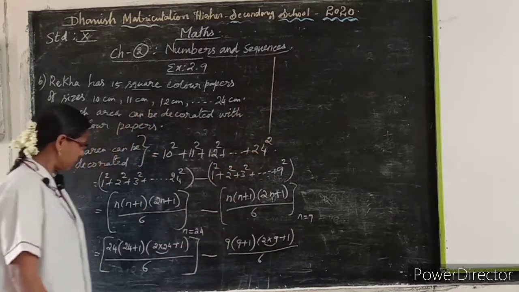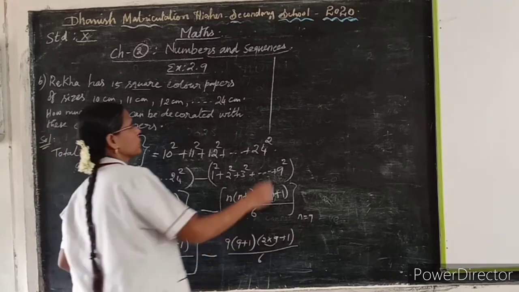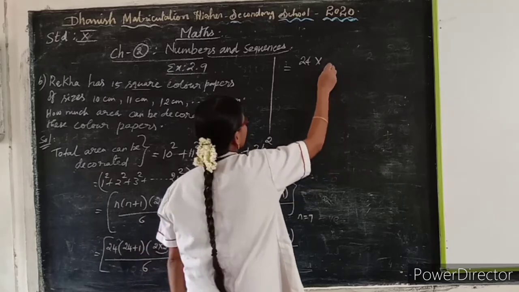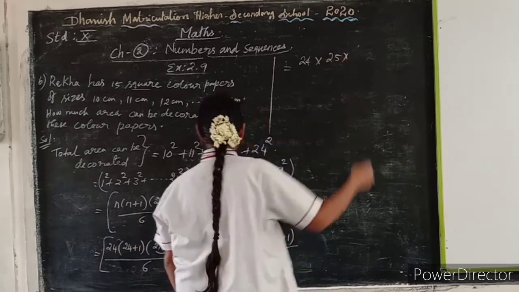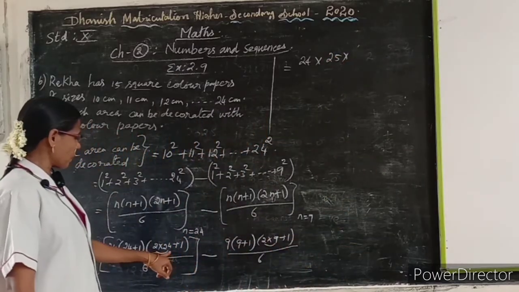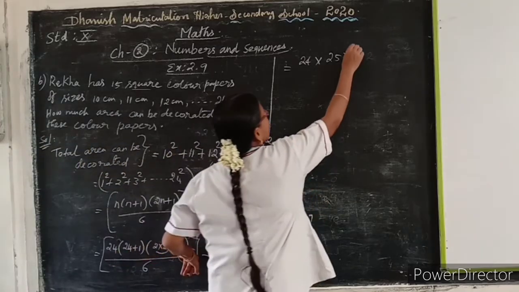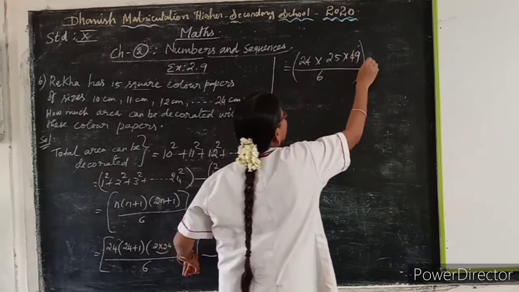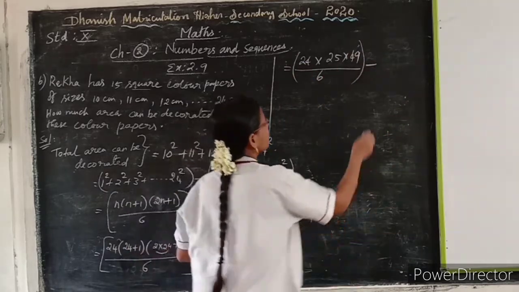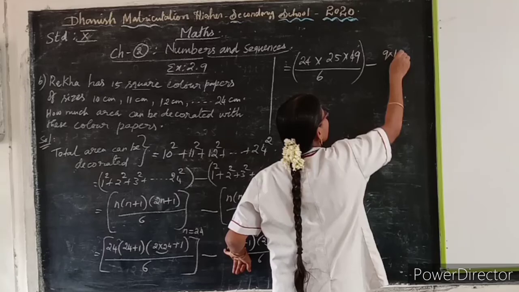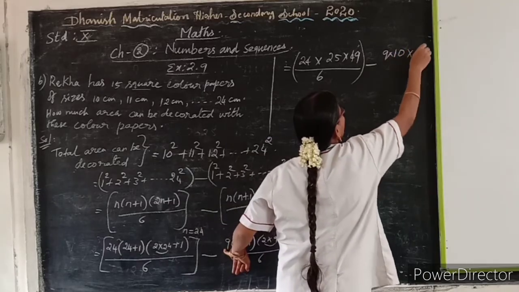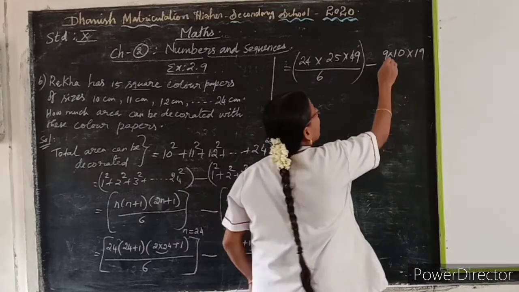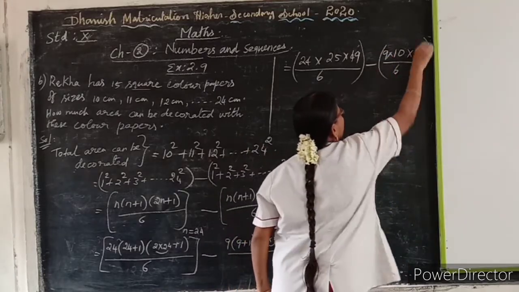Now simplify. 24 into (24 plus 1 is 25) into (2 24s are 48, 48 plus 1 is 49) divided by 6. This is the first bracket. Second bracket: 9 into (9 plus 1 is 10) into (2 9s are 18, 18 plus 1 is 19) divided by 6.